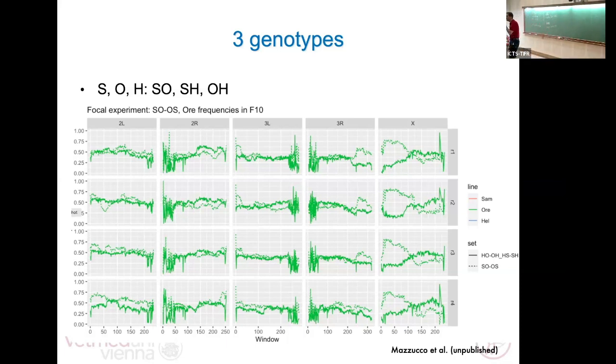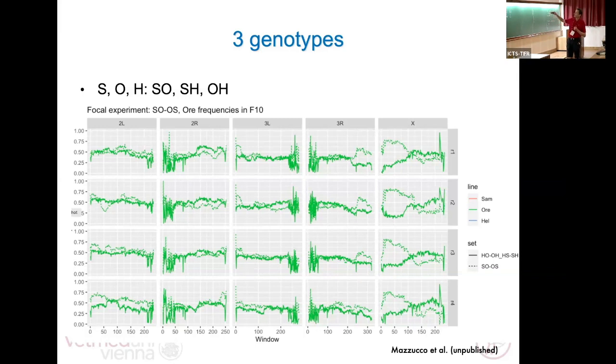You have genotypes A, B, and C, and you run the experiment with A and B, and with B and C. If it's epistasis, which is Vidadish's preferred hypothesis, you should find a deviation between the prediction from the AB and BC comparisons and the observation of A versus C. Put in other words, if it's purely additive, you can predict the response of the AC genotype by combining the responses from AB and BC. And this is what we have done here.